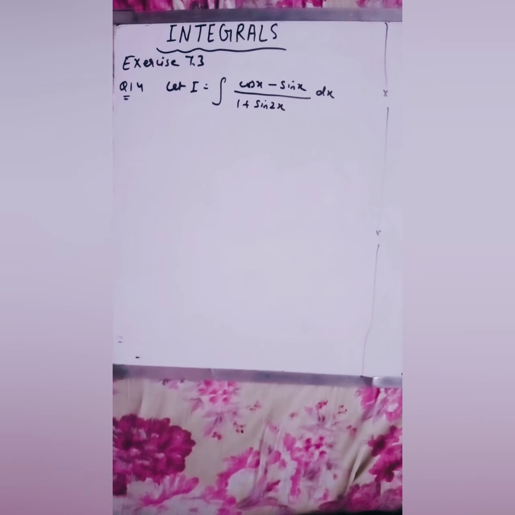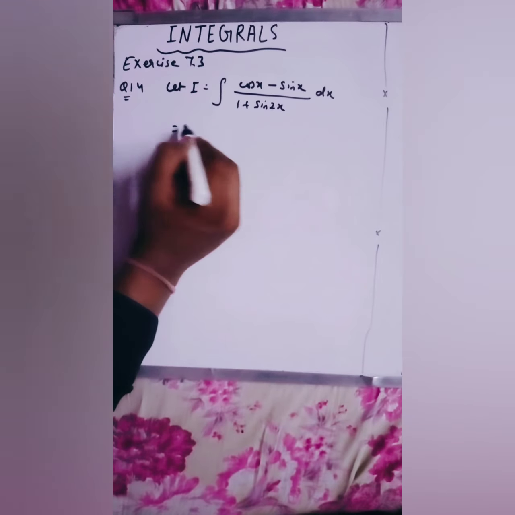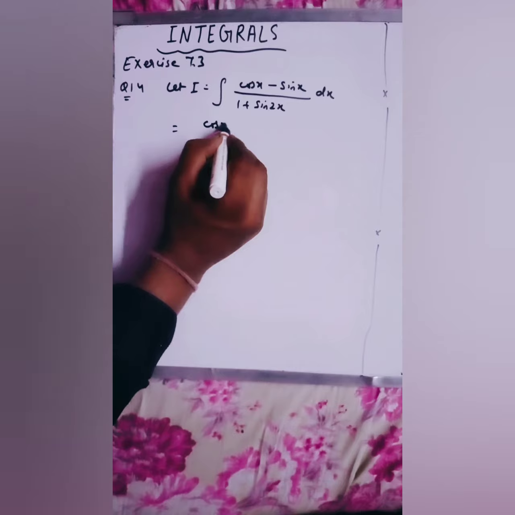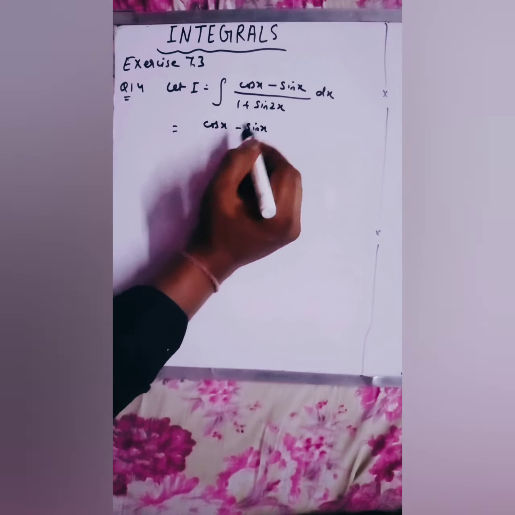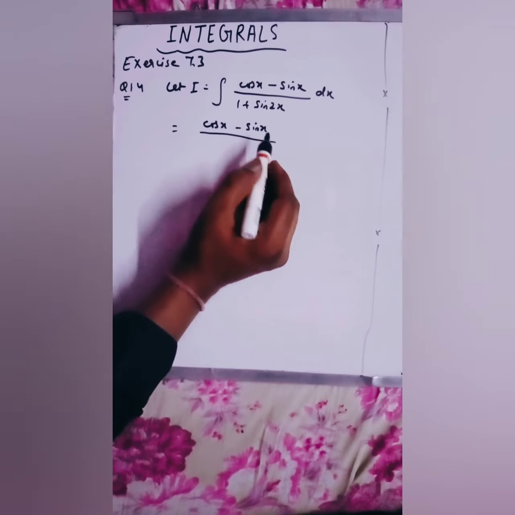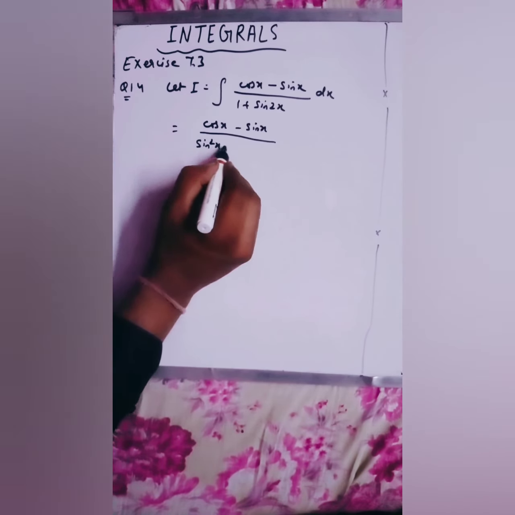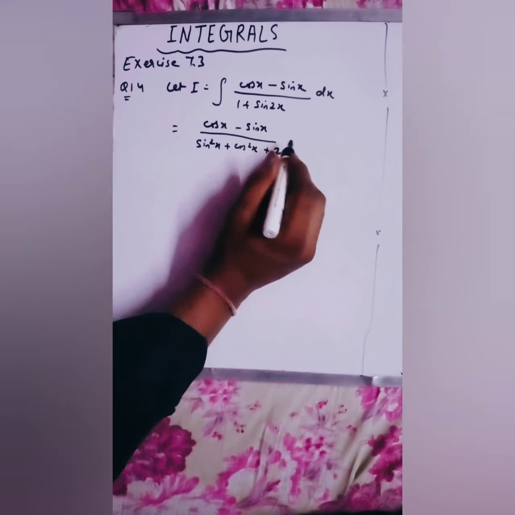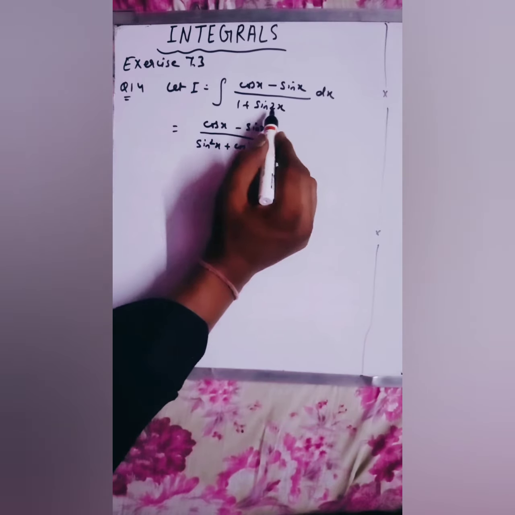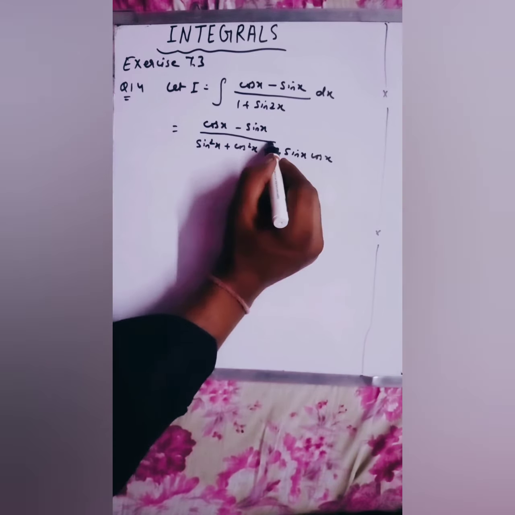Now see, this is question number 14. In this question, what we have to do, you have to write the numerator the same, and in place of 1 I'm writing sin square x plus cos square x, plus in place of sin 2x I'm writing 2 sin x cos x.